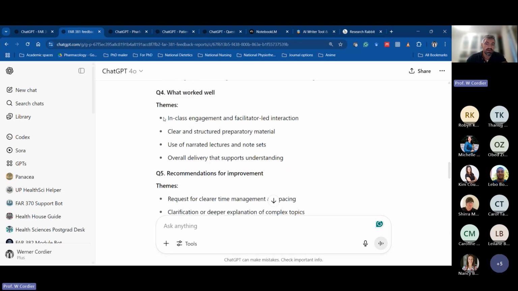They can also see that across the board, in-class engagement is good, preparatory material was great, and so forth. So if you think about it as a longitudinal analysis, and you do this, for example, each week for your sessions, at the end of your first quarter, you can already say from an interim reporting stage what is working and not working within your classes over the span of time, not just in that one cross-sectional view. Do you think something like this can aid you in your feedback, at least simplifying your feedback?